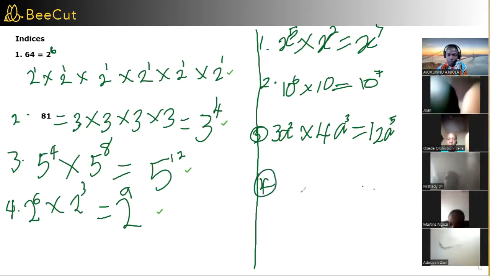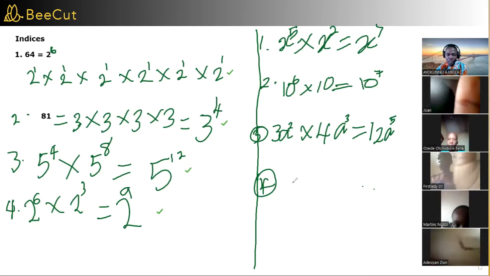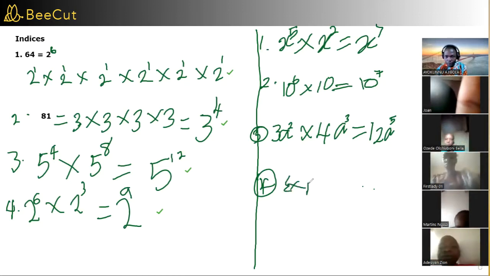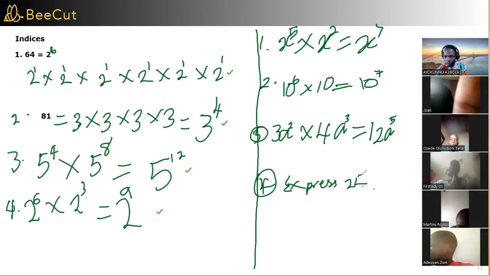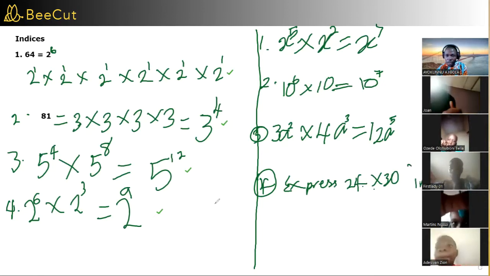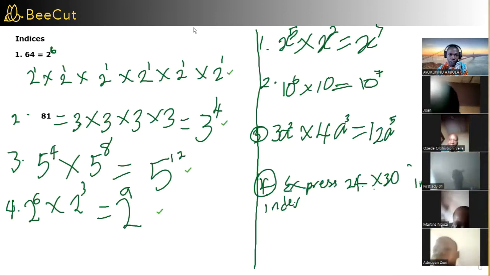Let's do one more here. Number 4. Let's assume you are faced with a number like, just say, express 24 times 30 in index form.